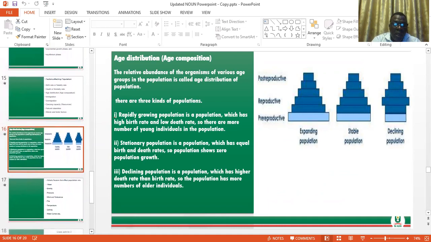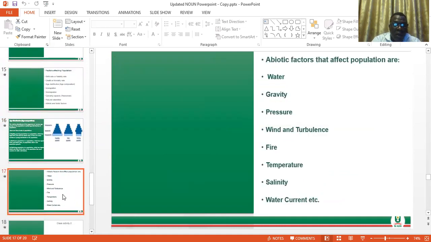So that was what we had to do. What I did was to also break down the biotic factors. These are the abiotic factors that affect populations: water, gravity, pressure, wind, turbulence, fire, temperature, salinity, and water current. So many of these factors.